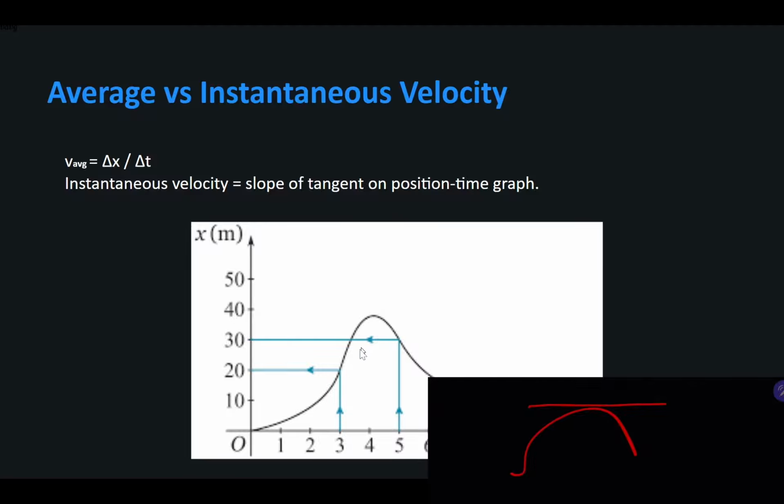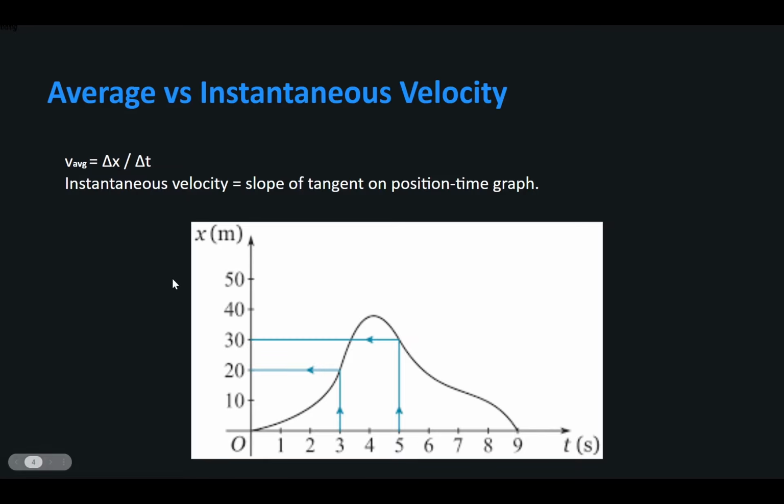So even though we have 5 meters per second between 3 seconds and 5 seconds, that doesn't mean we're going 5 meters per second the whole time, because as we can see at 4, we have a slope of 0. So main thing I'm saying is that average velocity and instantaneous velocity are not the same thing, and make sure to pay very close attention to that.